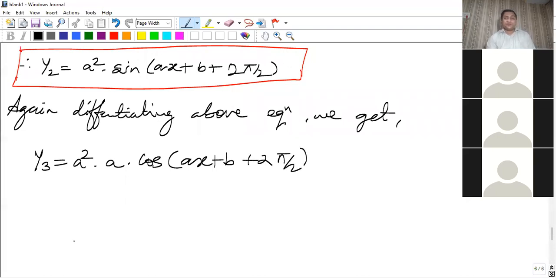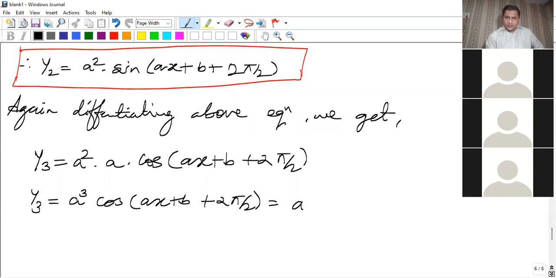Are you getting this? So we can write y3 as a cube cos of ax plus b plus 2 pi by 2, or a cube sine of ax plus b plus 3 pi by 2.